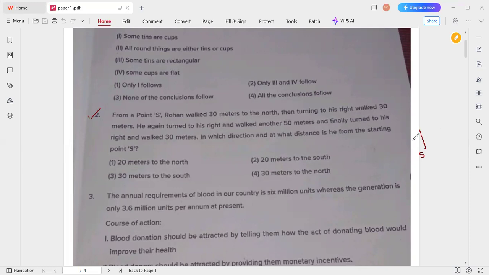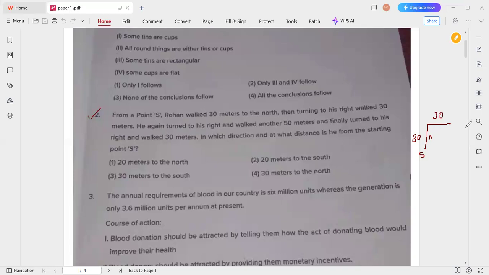He walked 30 meters to the north. This is north. Then turning to his right, he walked 30 meters. So he turned to his right and again walked 30 meters. And he again turned to his right and walked another 50 meters.